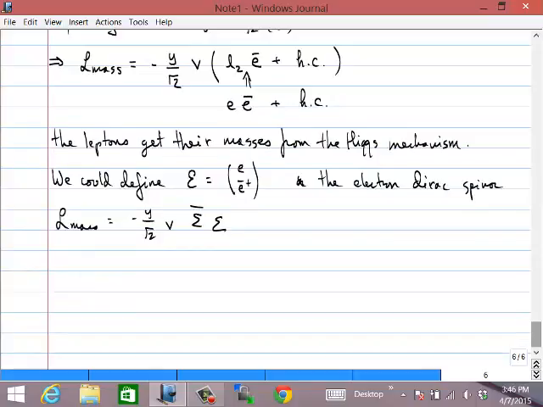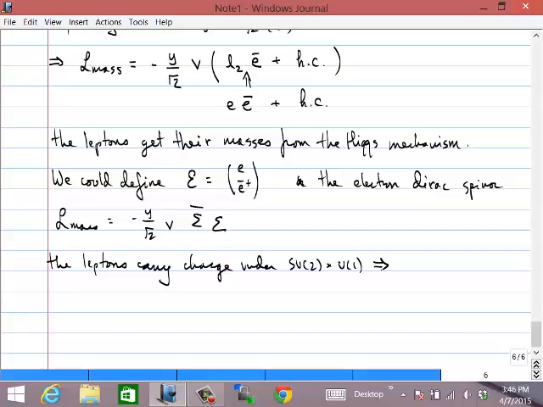So the leptons all carry charge under SU2 and U1, which means that they should carry charge under U1 electromagnetism.